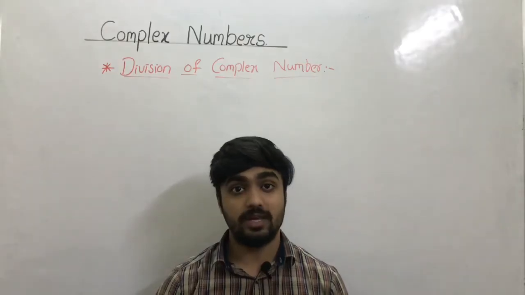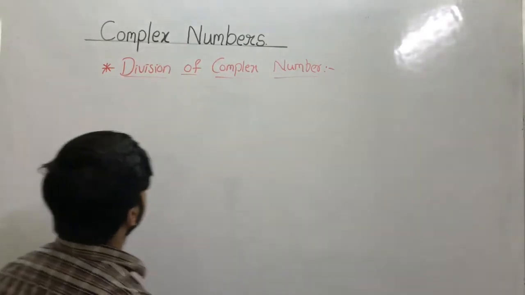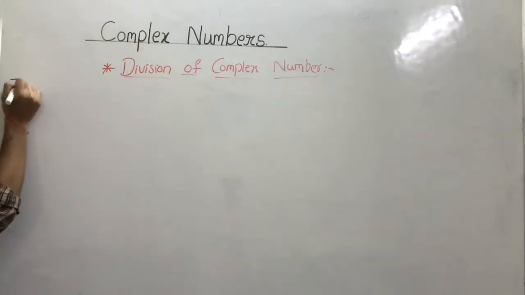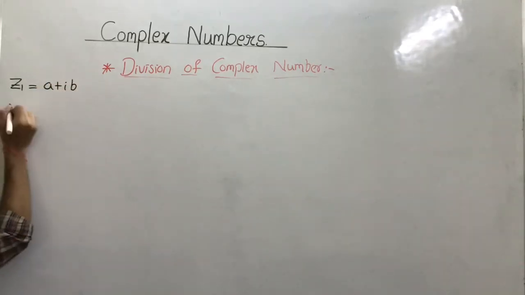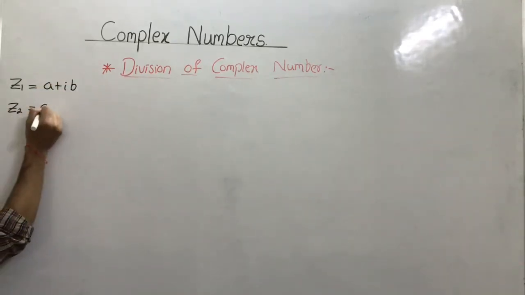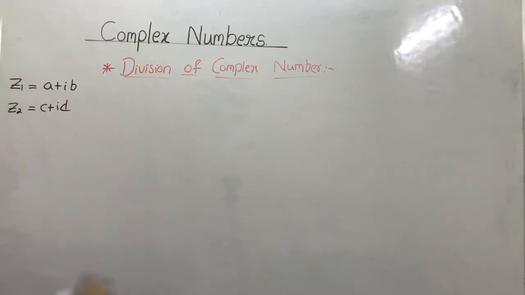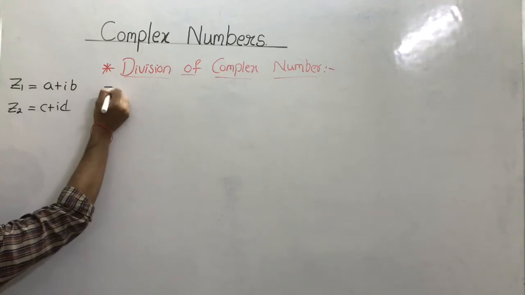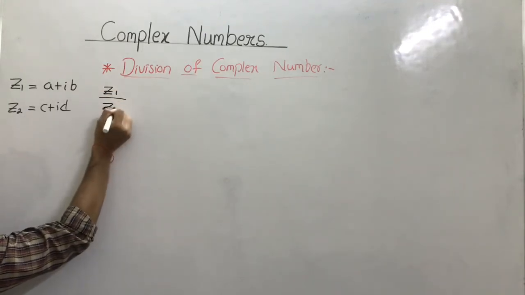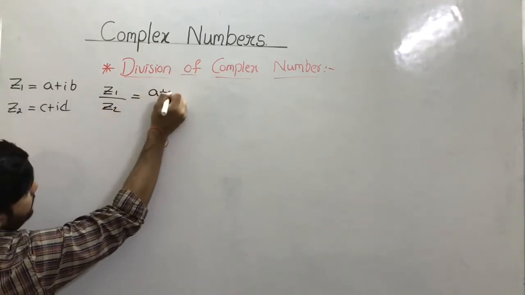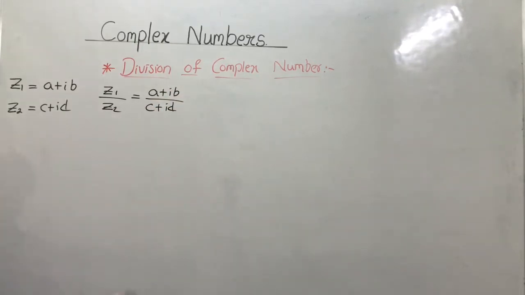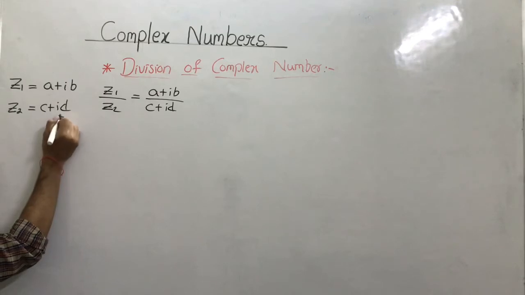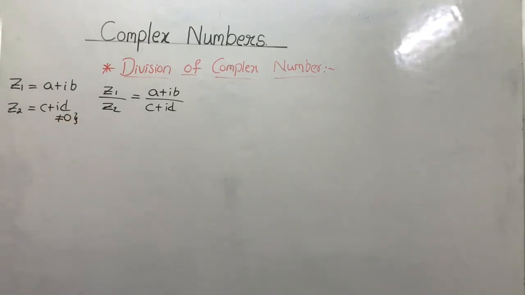Now let's see how to divide two complex numbers. If they have given you two complex numbers such as z1 is equal to a plus ib and z2 is equal to c plus id, and you have to divide these two complex numbers. So z1 upon z2 will be (a plus ib) upon (c plus id), and the condition is that c plus id is not equal to 0.